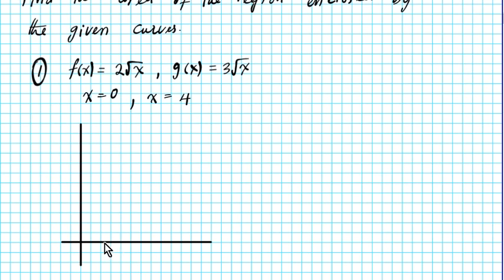Let's say this is 1, 2, 3, 4, and then 1, 2, 3, 4, 5, 6.